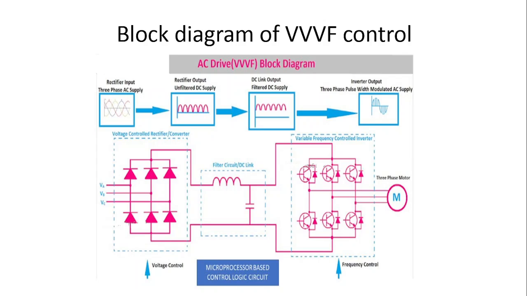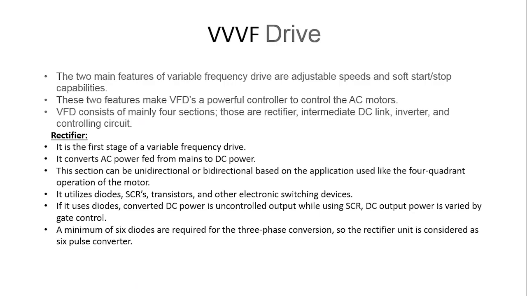That is achieved with the help of this VFD drive. The main features of a VFD drive are adjustable speed and soft start and stop capabilities. This is the basic requirement for any industrial application like an elevator or escalator.